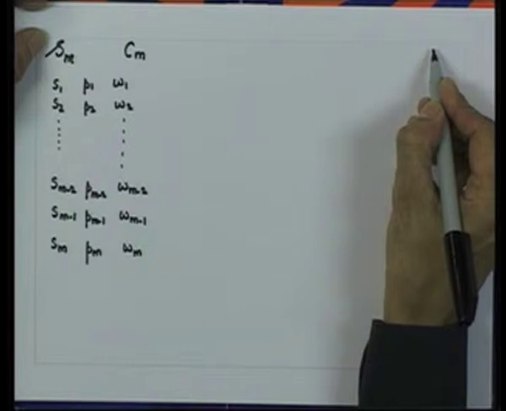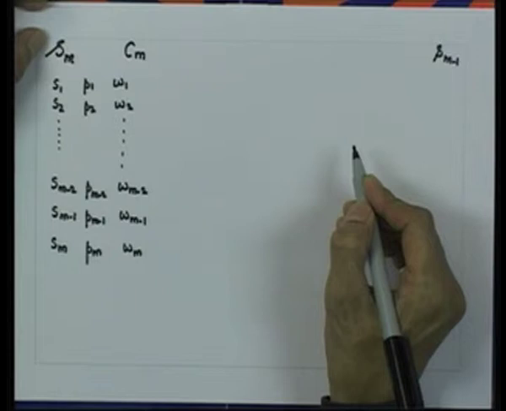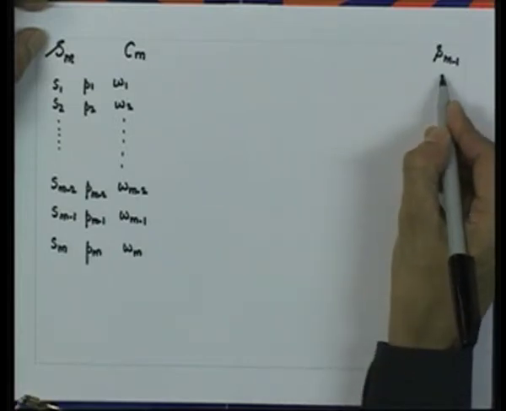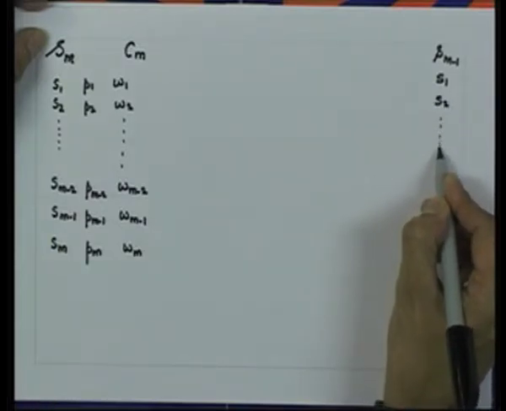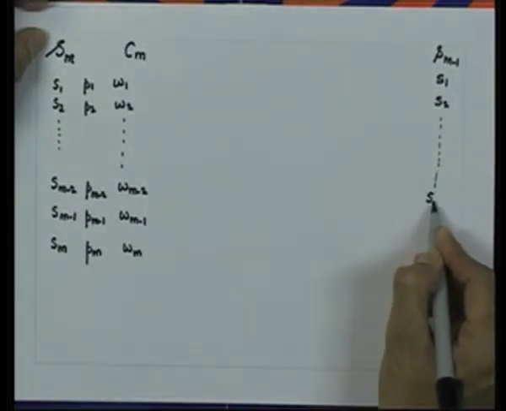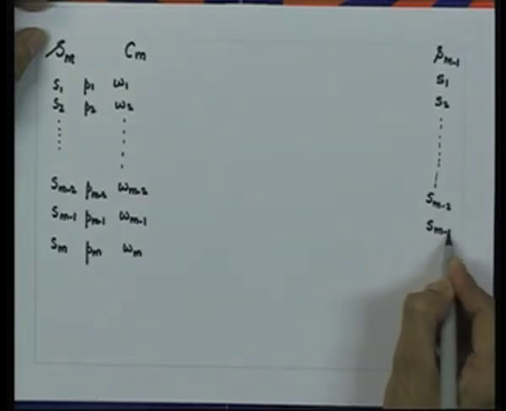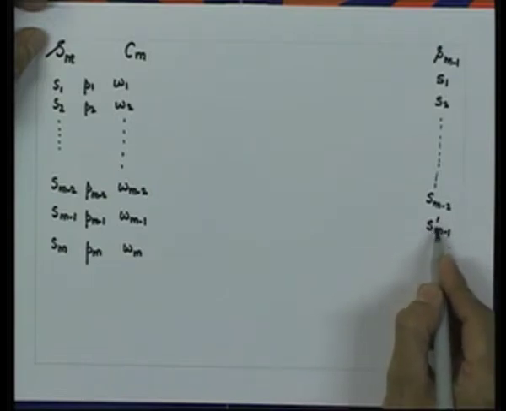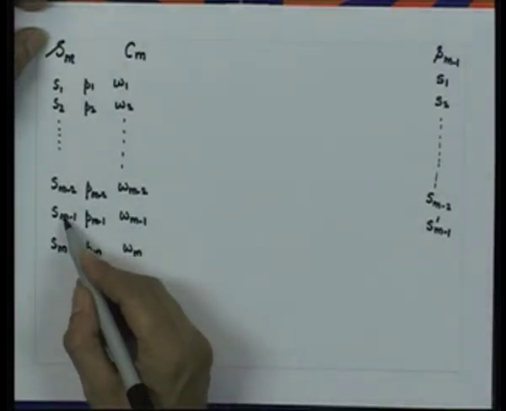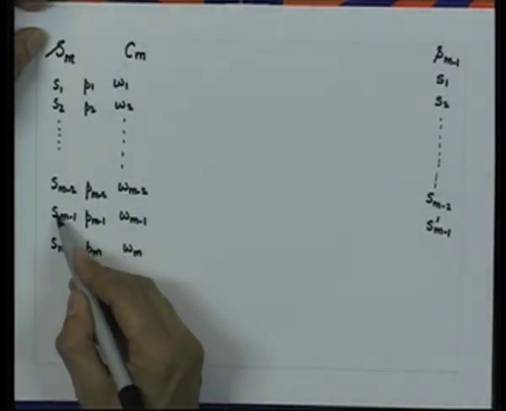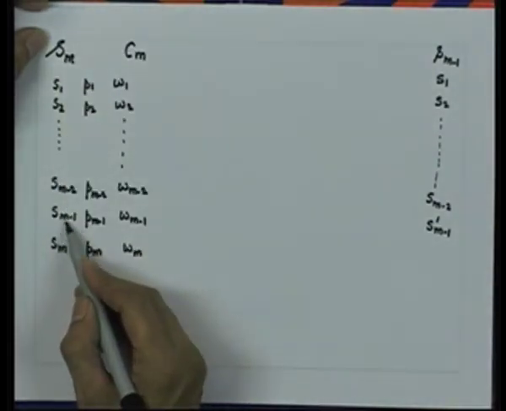Let us call that reduction of the source S'_(m-1), with the source letters given by S1, S2, up to S_(m-2) and S'_(m-1), where S'_(m-1) is obtained by combining the source symbols or letters S_(m-1) and S_m in S_m.